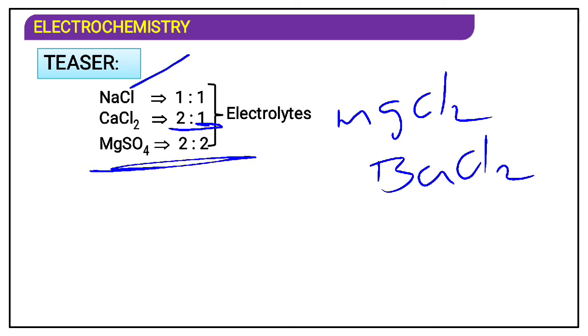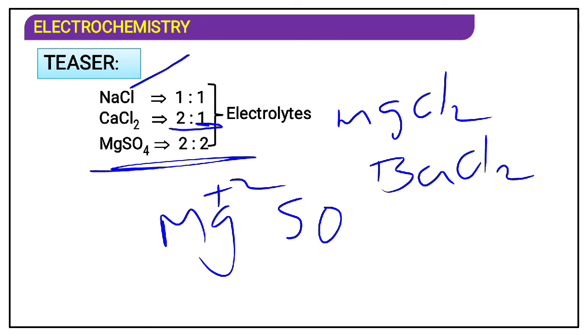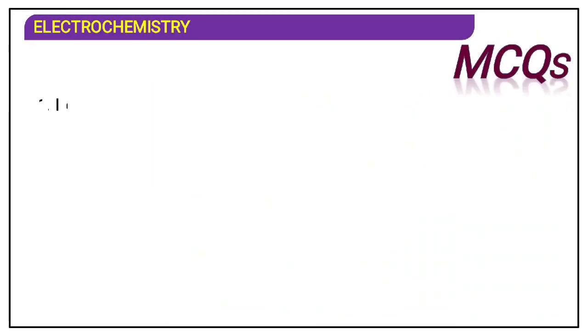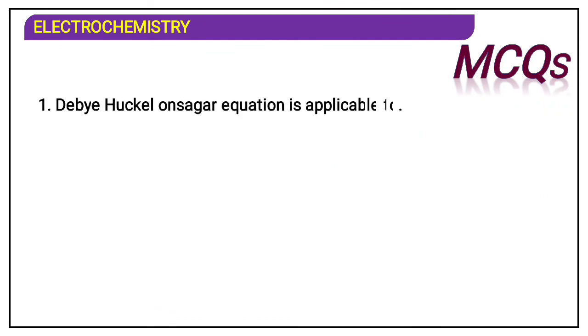For MgSO4, which is Mg2+ and SO4 2-, for such electrolytic solutions the A value is constant; that is 2:2. Okay.